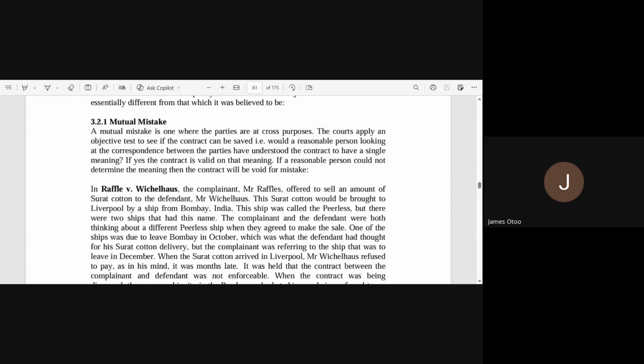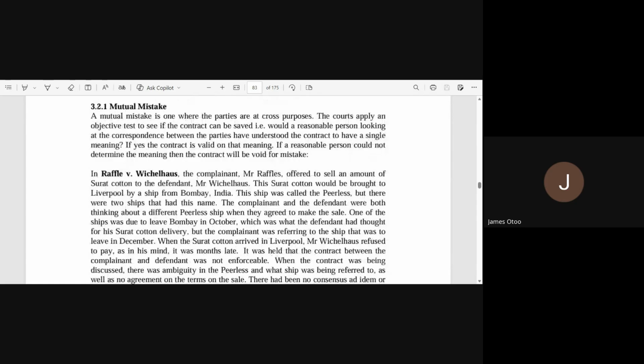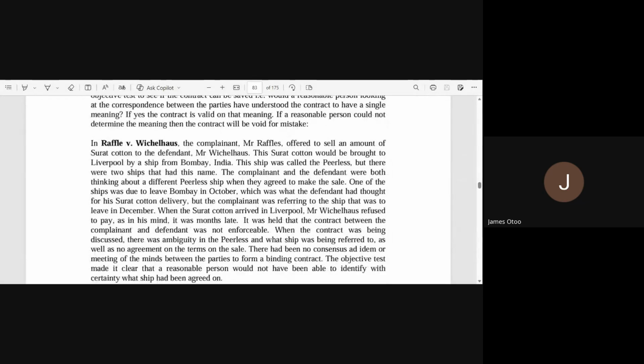The cotton arrived in Liverpool when Mr. Wichelhaus refused to pay, as in his mind it was a month late. Whilst they were expecting it in October, they brought it in December. So in his mind, they are delayed. So the court held that the contract between the complainant and defendant was not enforceable because they were at cross purpose. They are all thinking about something different.